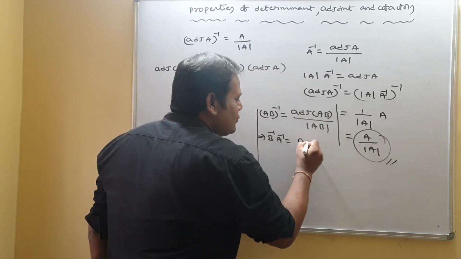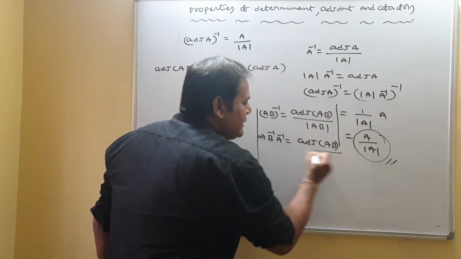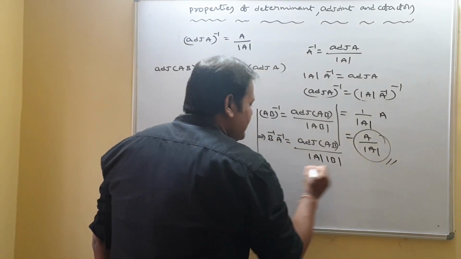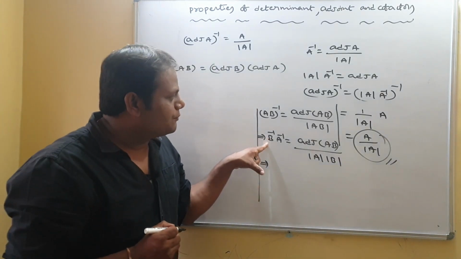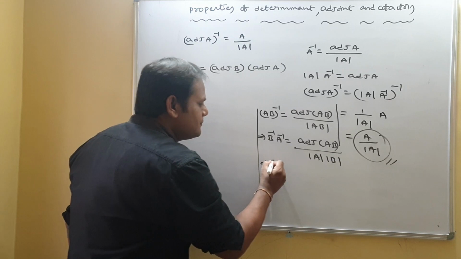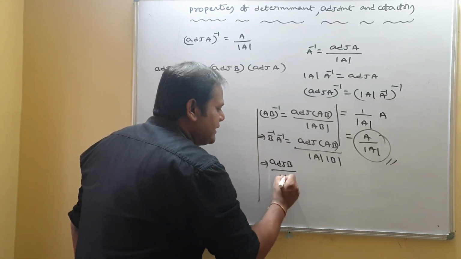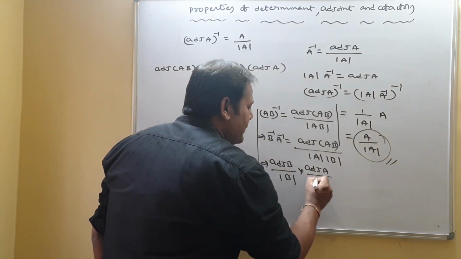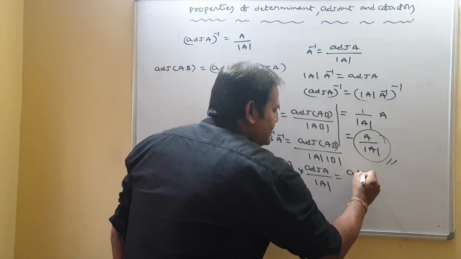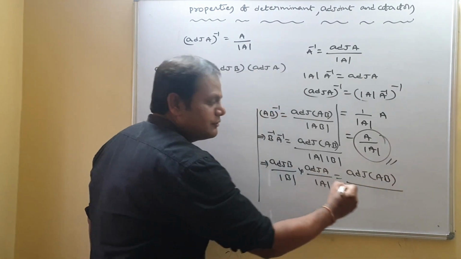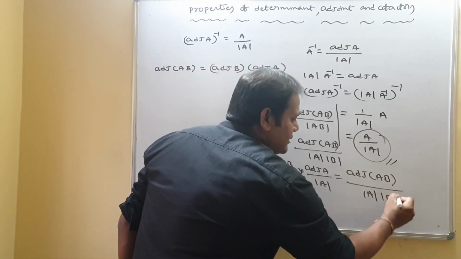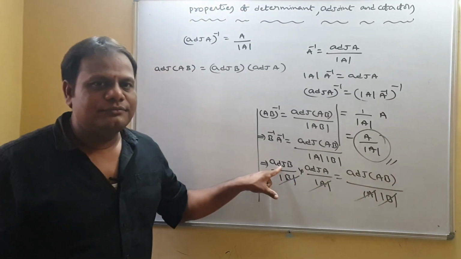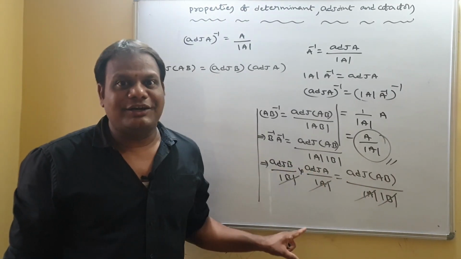In the denominator we have det AB, which we can take as det A into det B. On the left side, B inverse is adjoint B by det B, and A inverse is adjoint A by det A. On the right side, adjoint AB by det A into det B. Since det A and det B are numbers, they cancel. We are left with adjoint AB equal to adjoint B into adjoint A.